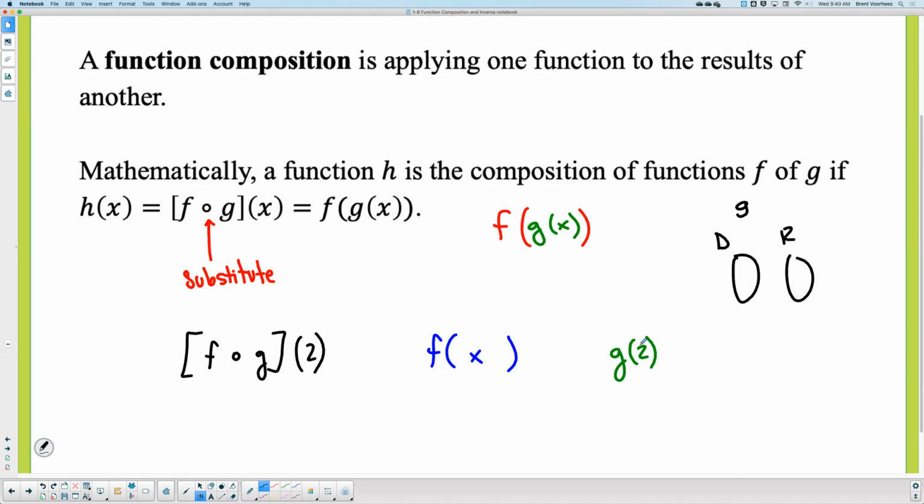Here's its range. You plug in 2, and let's just make up a number. What do you want to say that comes out when you plug 2 into the function g? You get a 4. So that would mean this equals 4. Now what you do is you substitute out this x, and what goes in its place? G of 2, which happens to be 4. 4 would go in, and you would get whatever f of 4 equals.